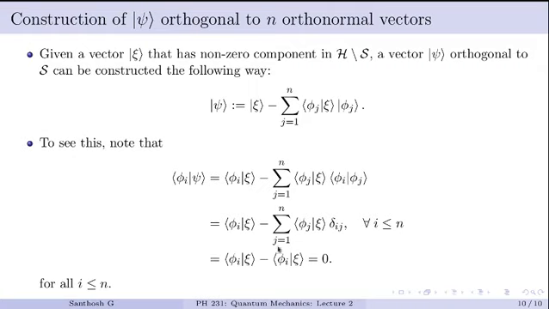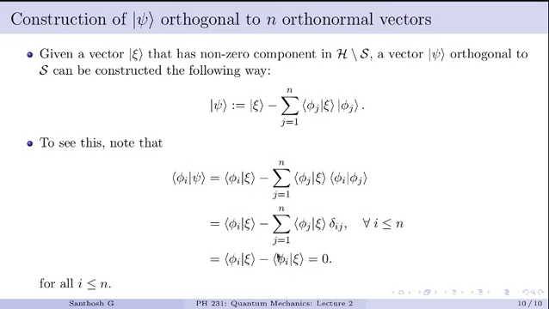Now consider the summation in the second term. If i is greater than n, then this delta ij is going to be 0 throughout, because i is a number that is greater than n, and j is going to range only from 1 to n in the summation. When i is less than or equal to n, however, this summation will result in the term inner product phi i with chi.